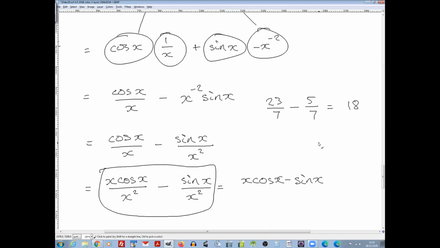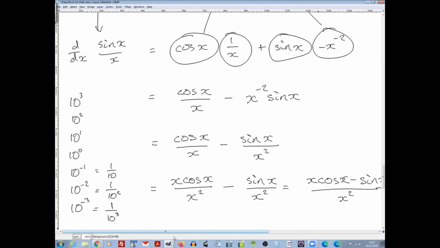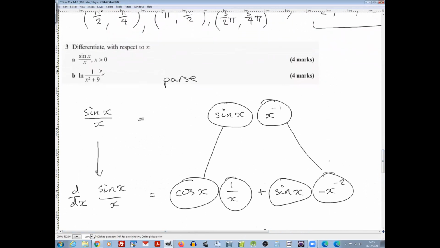It would be 18 over 7. Yes, quite. So that's all over x squared. Oh, yes, got to be, hasn't it? But now we are done. We were just differentiating that. That's where we started, differentiating sine x over x.